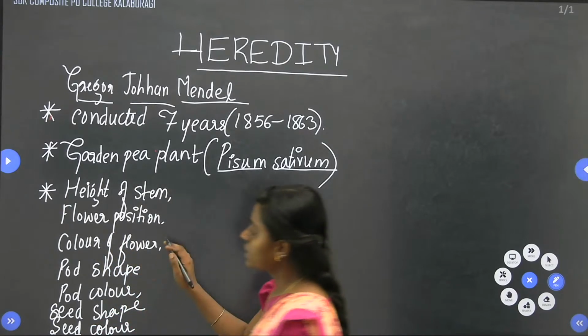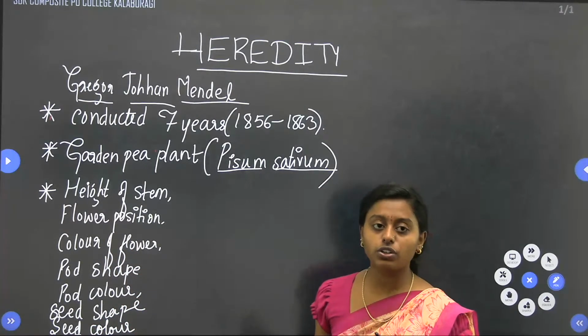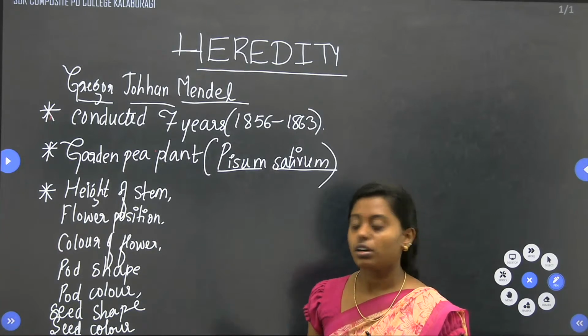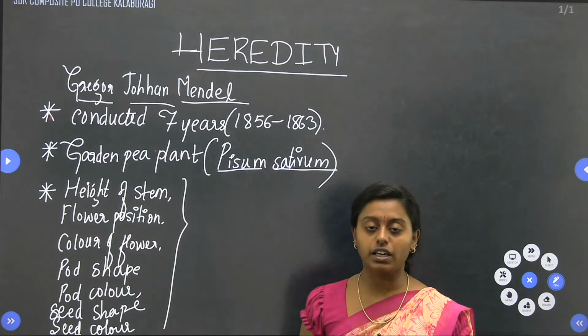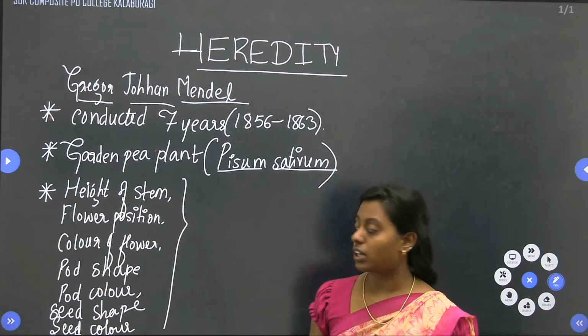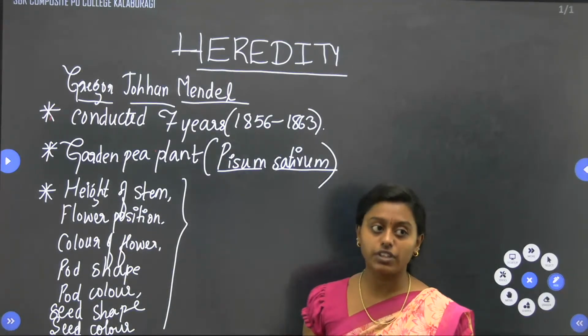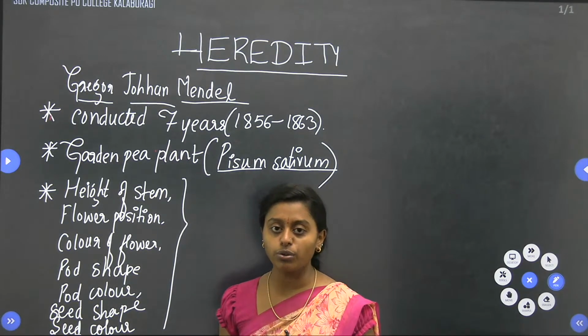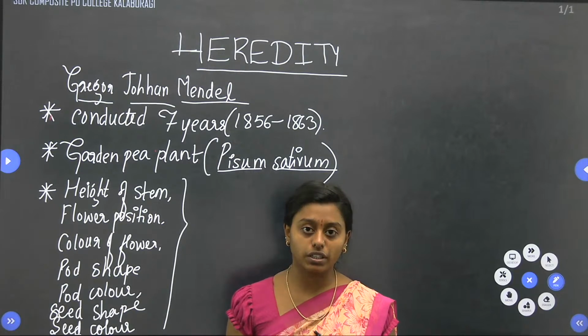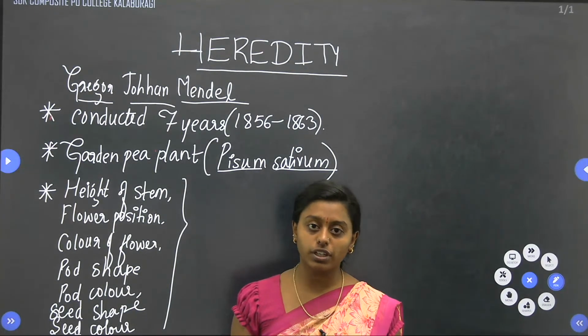So these are the 7 different contrasting characters Gregor Johann Mendel undertook for the experiments over 7 years. In the upcoming classes, let us study how the experiment was conducted and what the result of it was. Thank you.